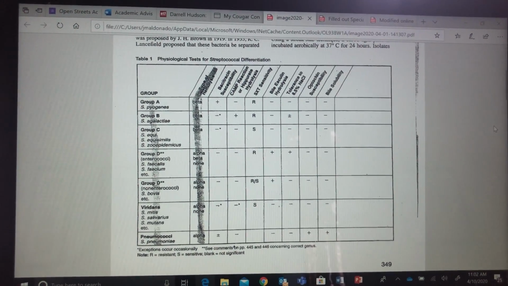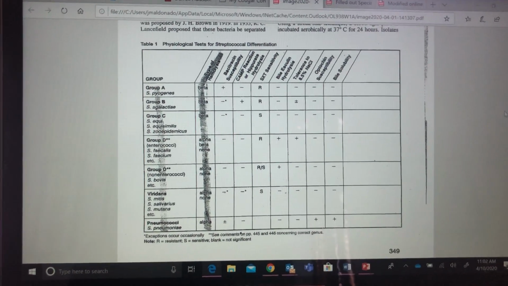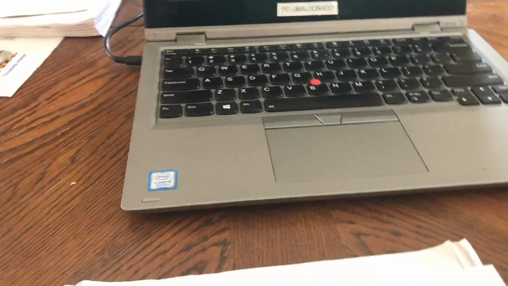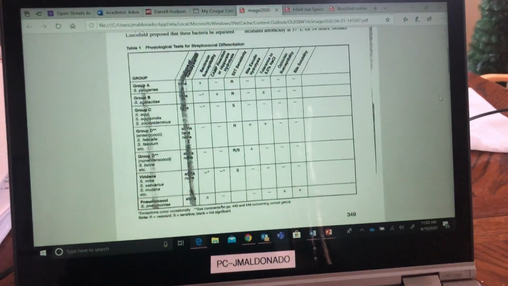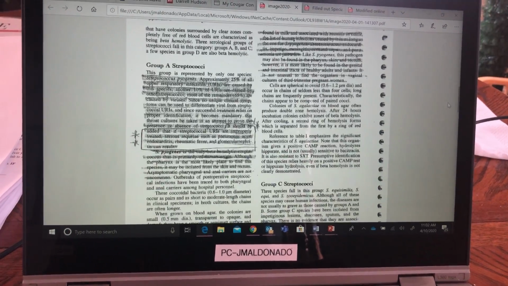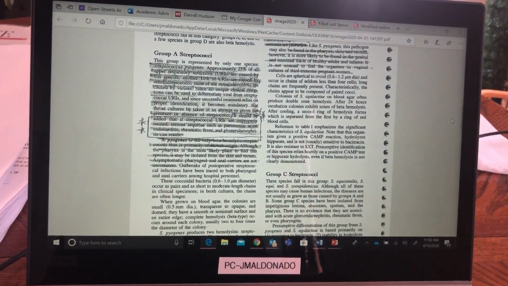And if it was beta hemolytic, it's possible it could have been this Strep pyogenes here, but it could have been some other kind of strep as well. So we would have gone through this handout and I would have talked to you about some things, but there's only one major thing that you need to know.